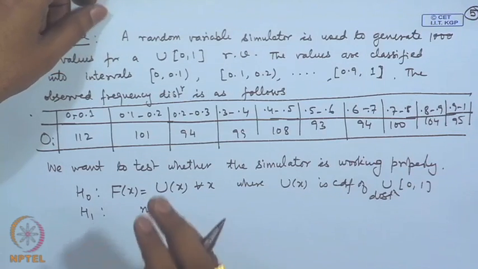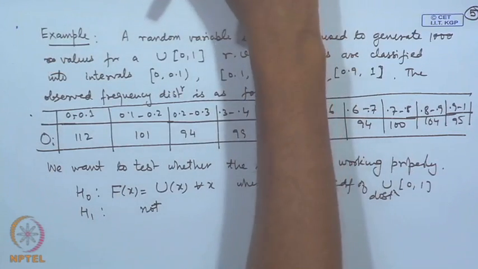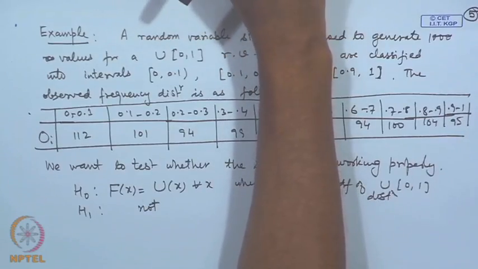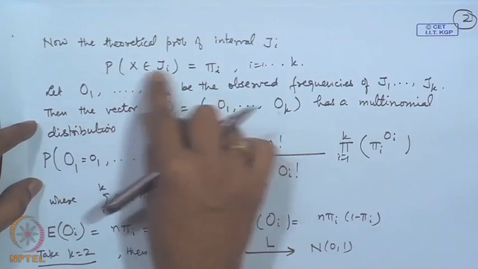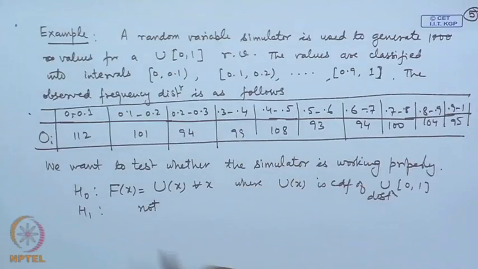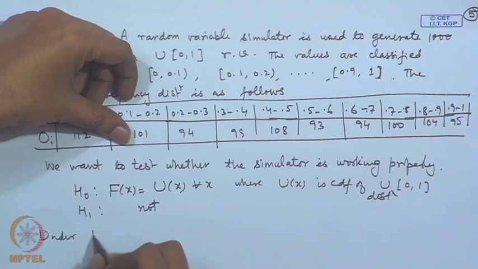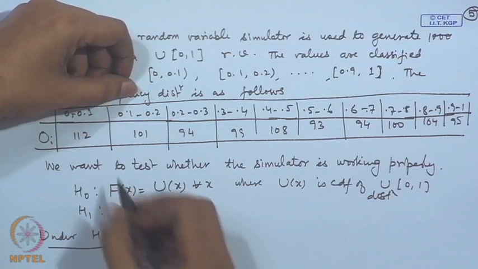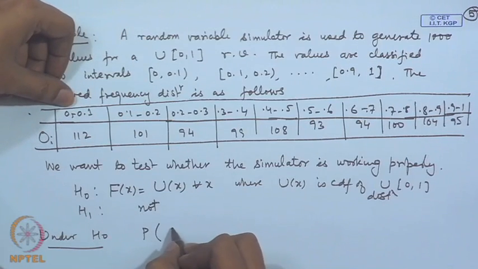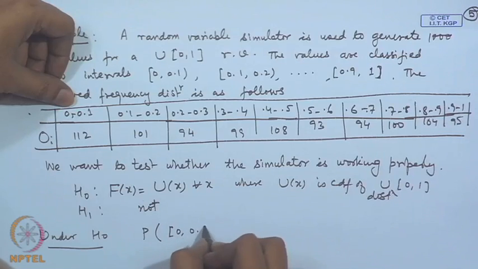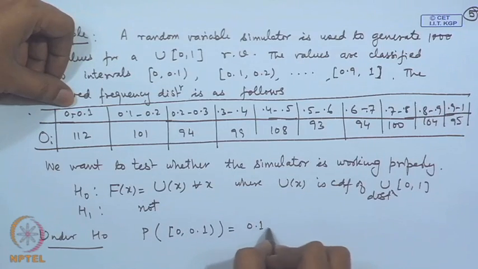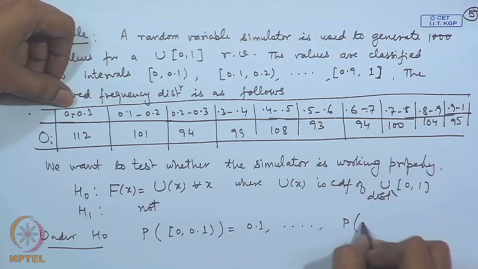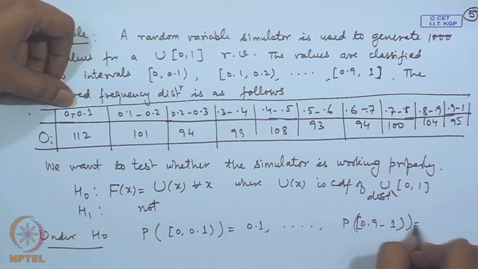So, in order to apply the chi-square test for goodness of fit, I need to calculate the probabilities of the intervals. Now, under H naught, the probability of each interval, 0 to 0.1 will be 0.1, and so on, and the probability of the interval 0.9 to 1 will also be 0.1.